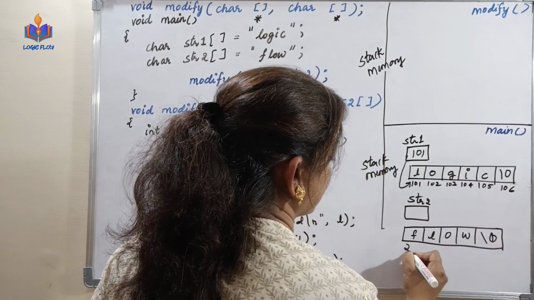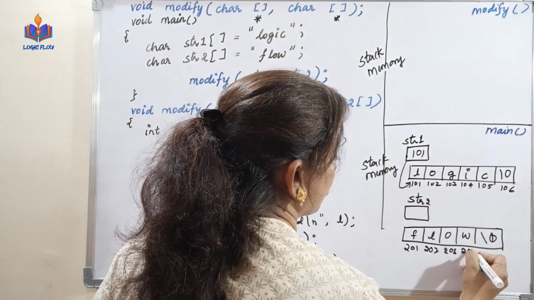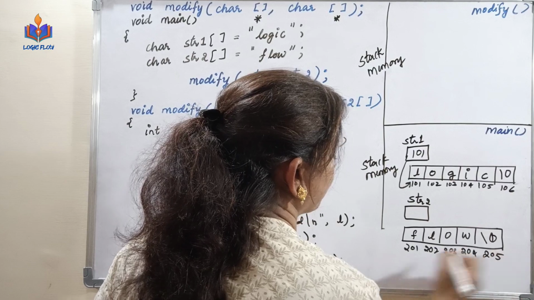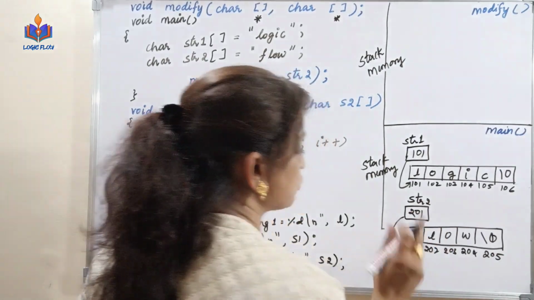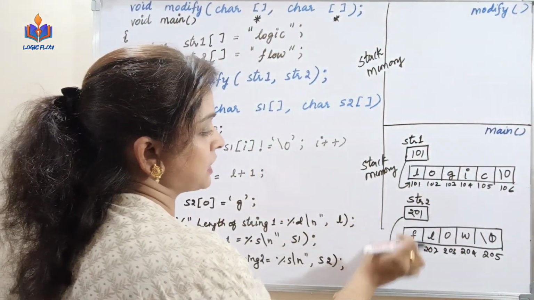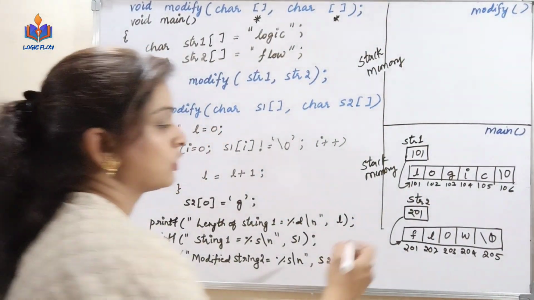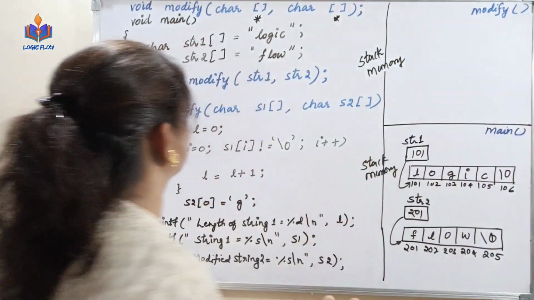Say something like 201, 202, 203, 204 and 205. This base address will be held in str2, which means it is pointing to 201. So str1 is pointing to 101, str2 is pointing to 201. This is the stack memory for the main function.